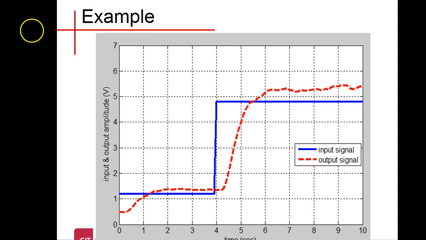So my transfer function works out to be something like 1.1 over 0.7, 0.8, something like that, for my time constant, s plus 1.